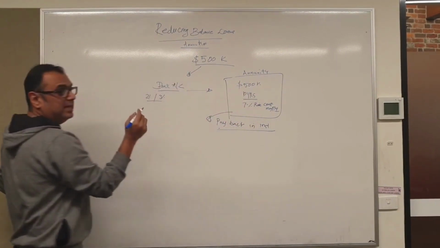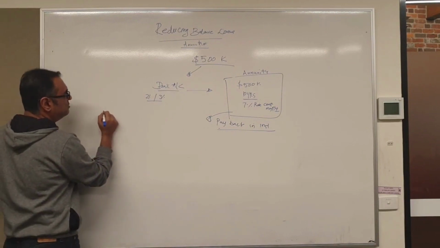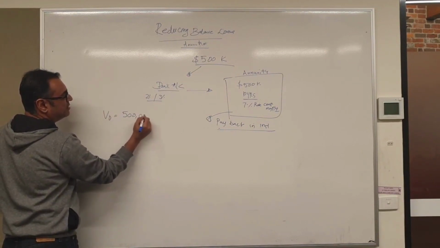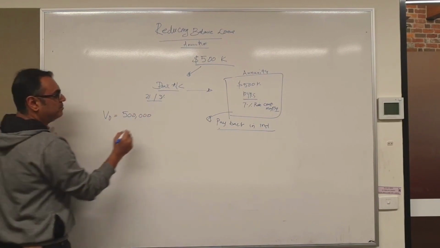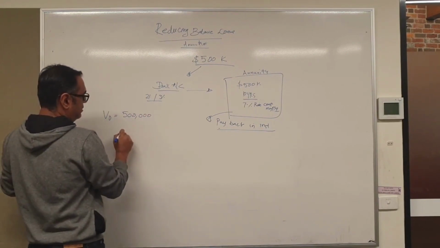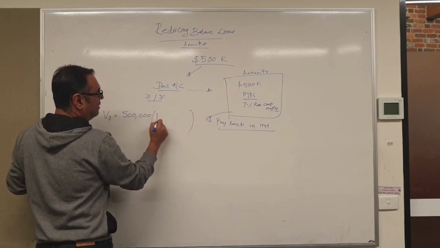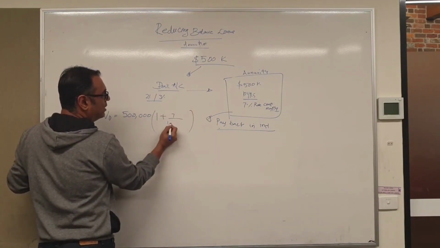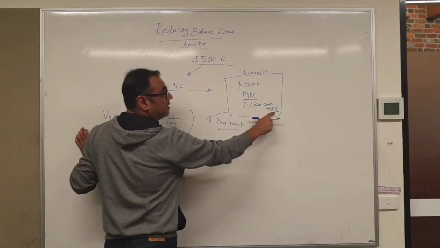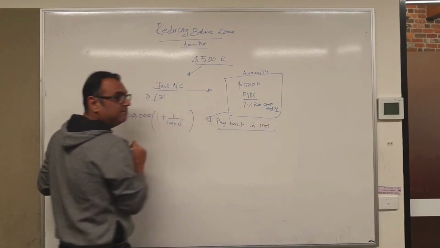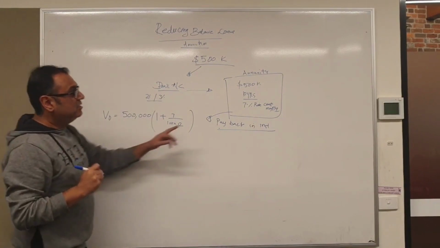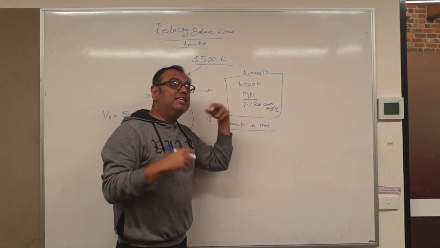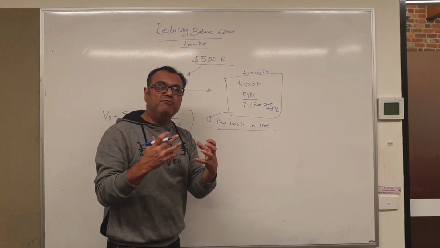So his principal, and I need your CAS here, his principal was 500k, which is 500,000. And 1 plus R is what? 7 over 100, compounding monthly, which means 12. And he's locked in for 10 years. So in 10 years, how much compounding will happen?